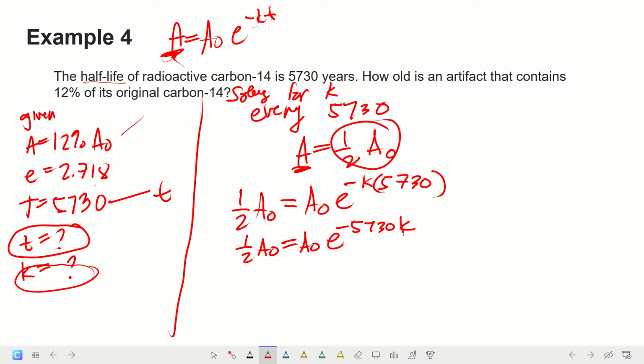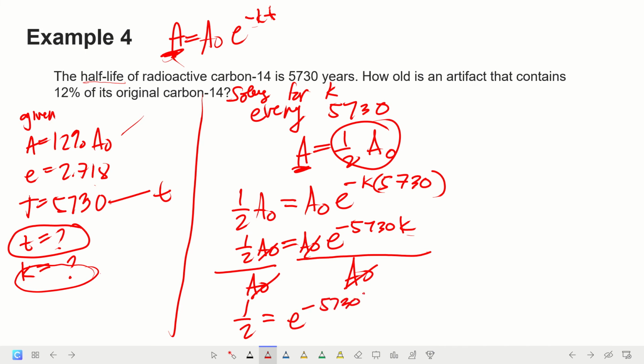Ang gusto nating hanapin is yung value ni k. So, we need to eliminate other terms from this side. So, divide by A sub O. Since both contain A sub O, eliminate si A sub O from both sides. So, 1/2 is equal to e raised to negative 5,730 times k.